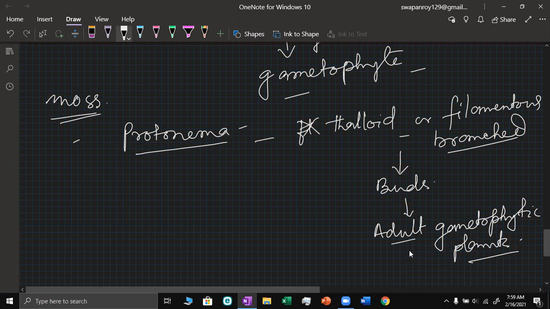So this is slightly different from the liverwort.